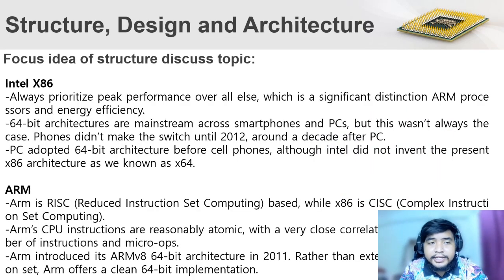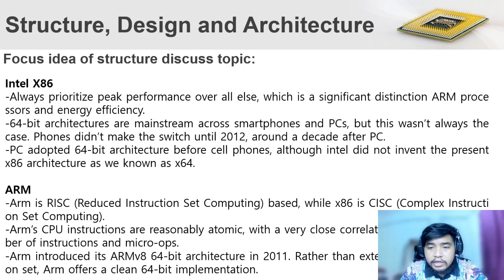Okay, the next slide is structure design and architecture. The first area of structure discussed is Intel x86. Intel x86 always prioritizes peak performance over all else, which is a significant distinction from ARM processors and energy efficiency.